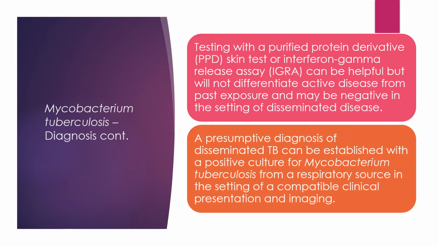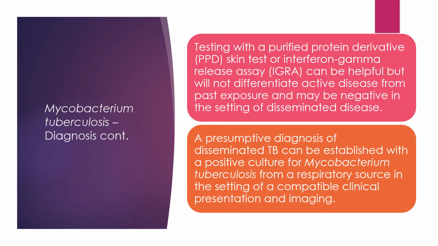Clearly, if tuberculosis is suspected, obtaining an IGRA, an interferon gamma release assay, for example, in our institution, a QuantiFERON Gold, is reasonable, or if that's not available, obtaining a PPD. Of note, it clearly does not distinguish between active disease and just prior exposure to the organism.